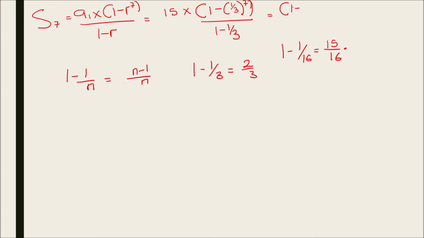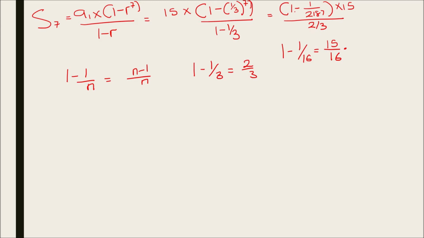1 minus, what's 1 over 3 to the power 7? That should give me 1 over 2187. Remember, there's still a 15 there. Let's not forget our 15 over 2 over 3. So you don't have to start doing the fractions here. Just keep it simple.